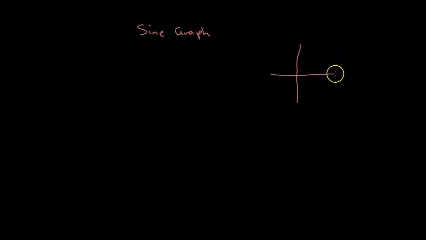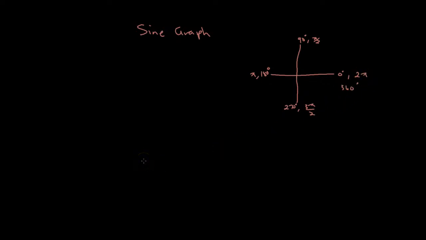We are going to start, this is 0 here. This is 90 or pi over 2. This is 180 or pi. And then this is 270 degrees or 3 pi over 2. And here we have 2 pi or 360 degrees.